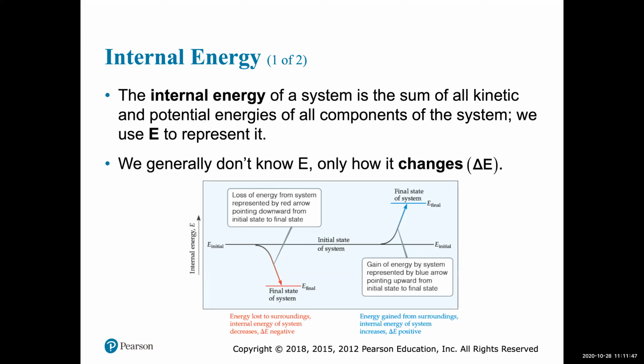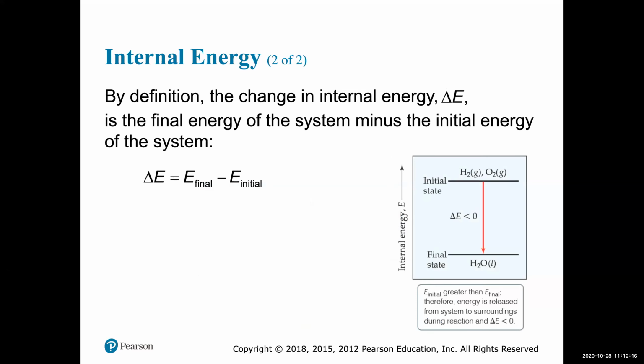So the common theme is energy going in is positive, energy going out is negative. That general idea is important to remember, because in thermodynamic calculations, the sign of the value gives us a clue as to whether it's exothermic, endothermic, things like that.